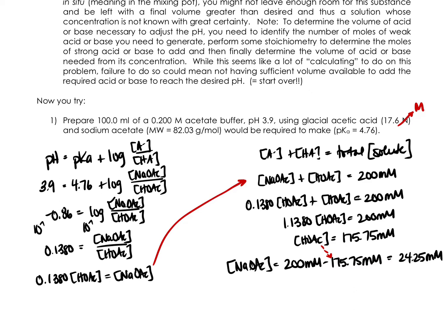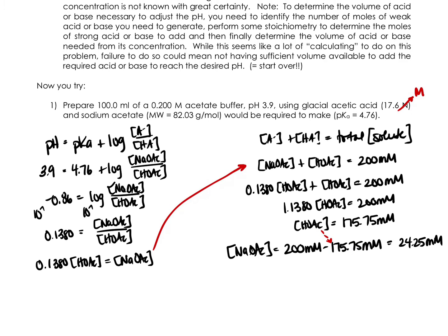Now that I've solved this, remember in our problem overview, we said that we were going to have one thing that was a solid. So our solid is going to be our sodium acetate. We want that concentration to be 24.25 millimolar, so 24.25 millimole per liter.